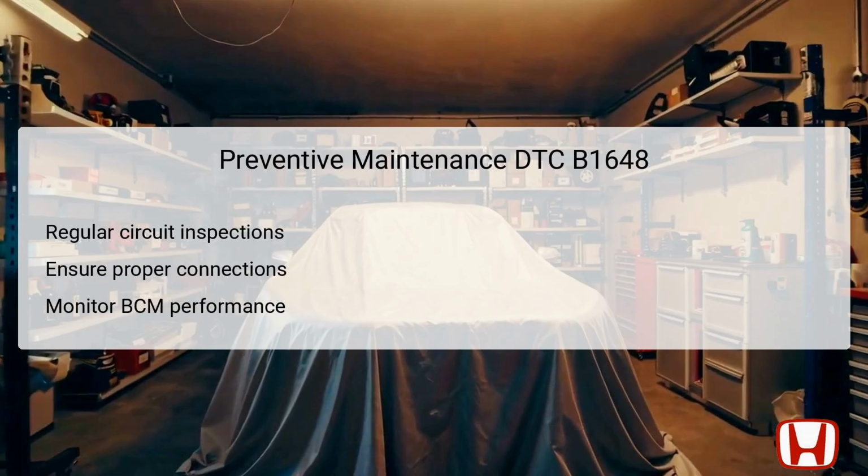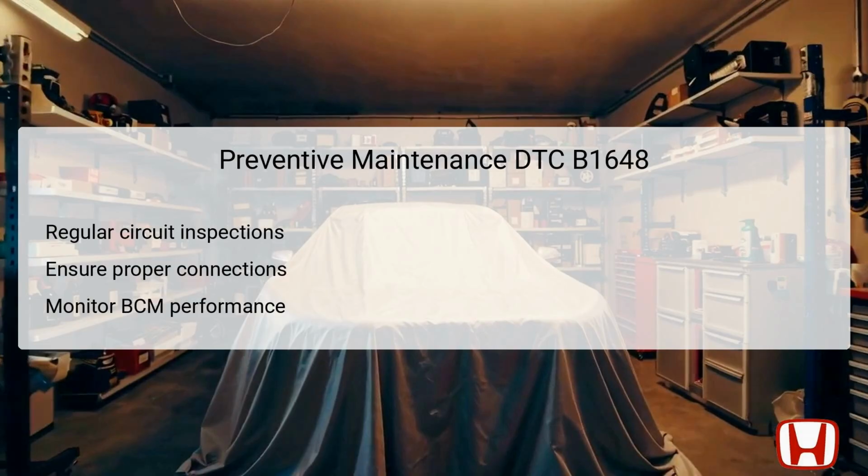To prevent issues like DTC B1648 from recurring in the future, implementing regular preventive maintenance practices is essential. Regularly inspecting the circuits associated with the front passenger's door LF antenna can help catch potential issues before they escalate.